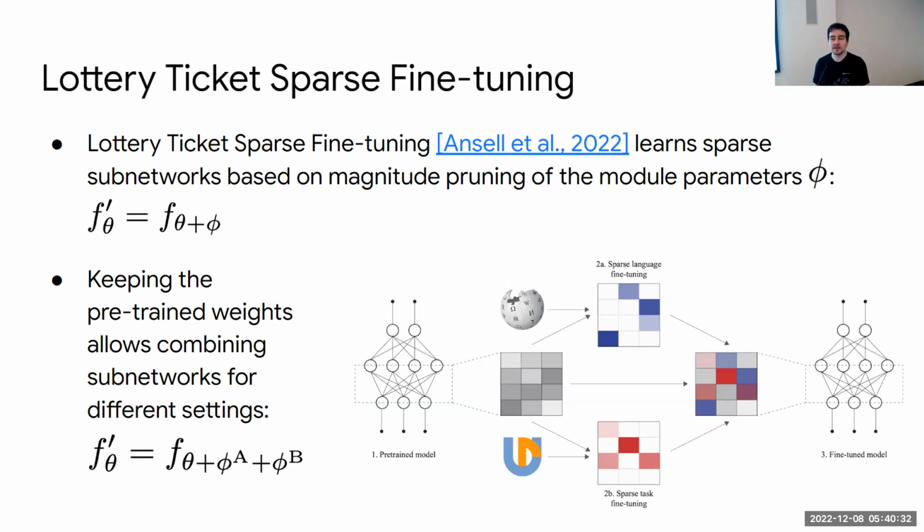In their case, they can learn a sparse vector phi both for a particular language, based on some self-supervised pre-training task, as well as for a particular task, and then recombine and compose these separate parameter vectors phi simply through addition. That's not something that would really be possible if you also masked the original parameters of the underlying model.